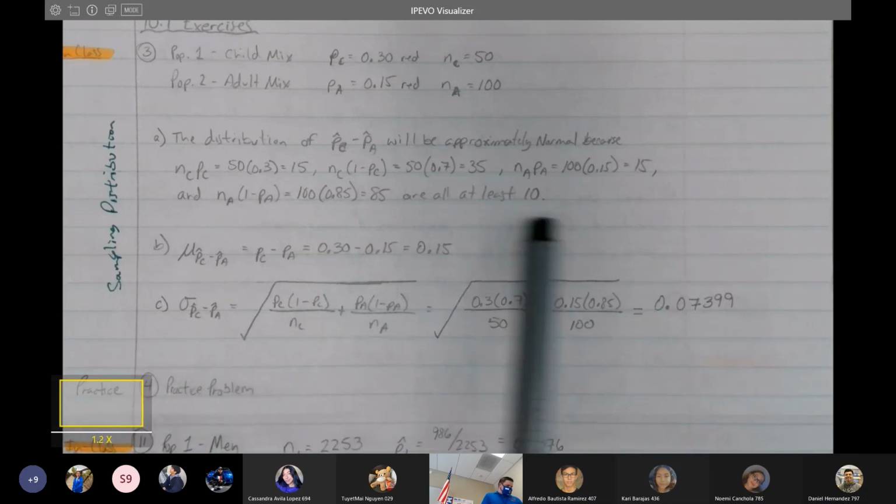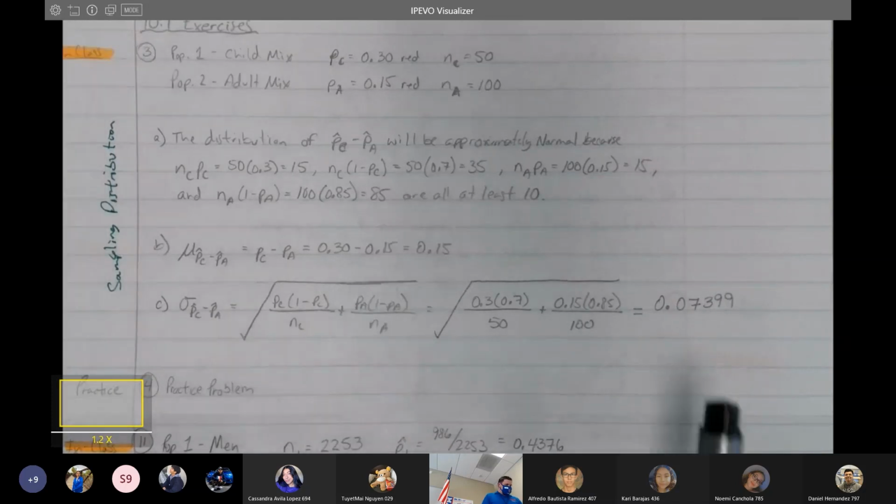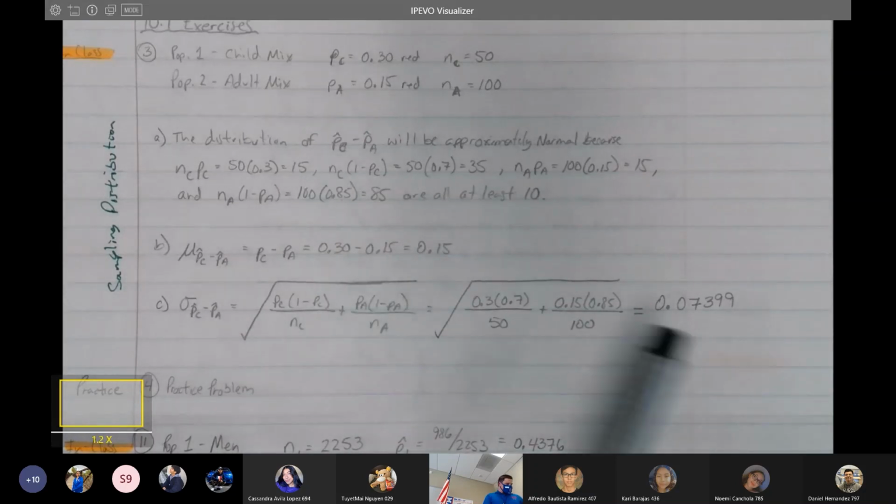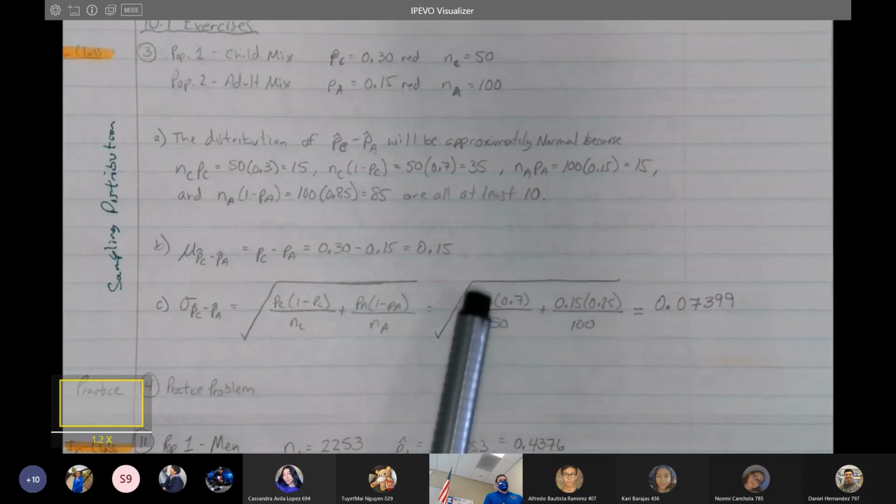So yeah, here's all that work that I just beautifully described without showing you a picture. And we get the standard deviation is 0.07399. I kept a few extra decimal places on my rounding. If you rounded to 0.074 or 0.0739, that's probably all fine as long as you have shown the calculation.